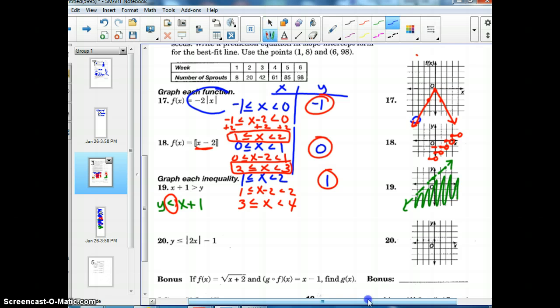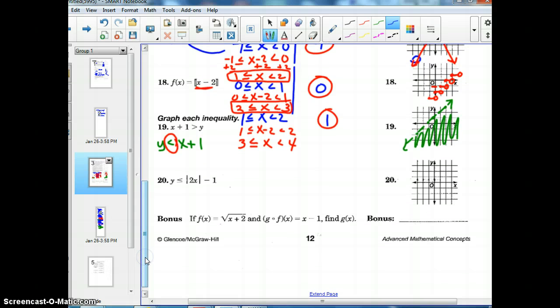Number 20, I have y is less than or equal to the absolute value of 2x minus 1. I'm just going to make a t-chart again for this and have my x value and my y value, which is going to be the absolute value of 2x minus 1.